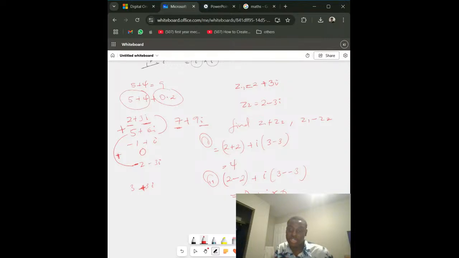This method is for addition and subtraction. There are many other topics to cover in complex numbers, many other things to know about in terms of multiplication, indices, and various other things. But for now, addition and subtraction, you guys should be golden with this.